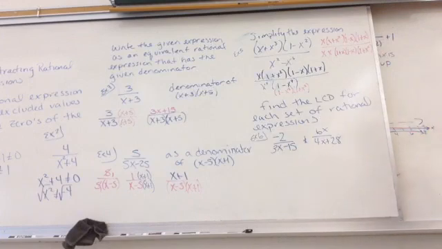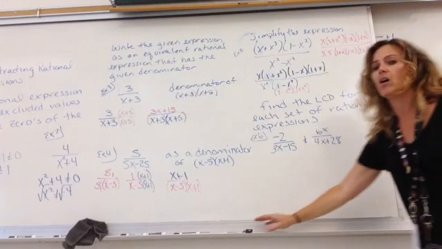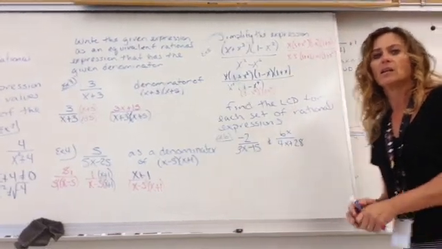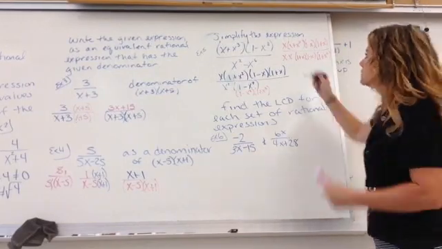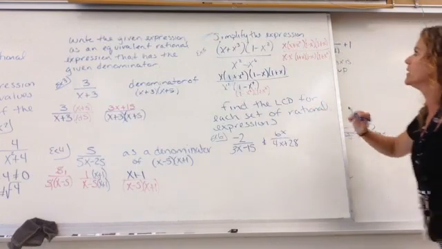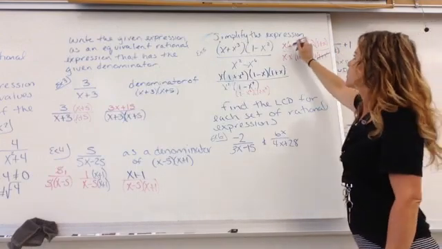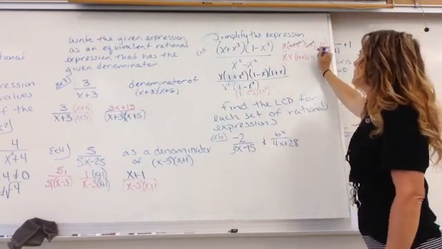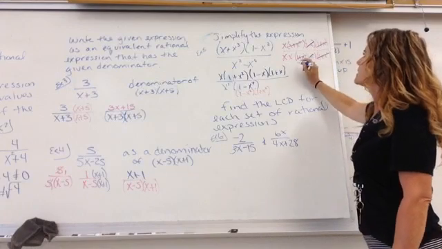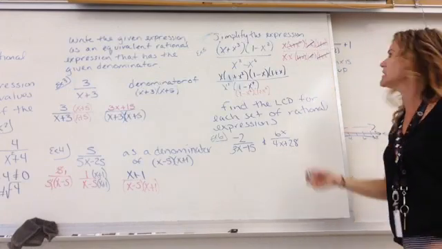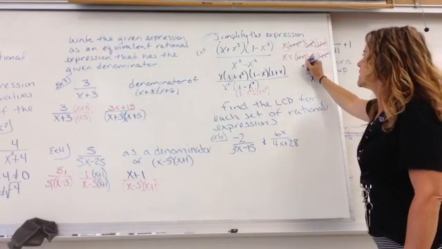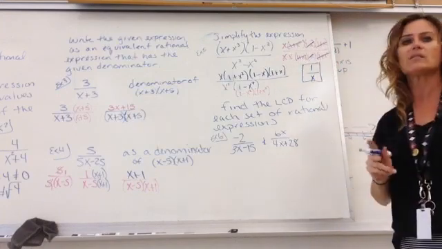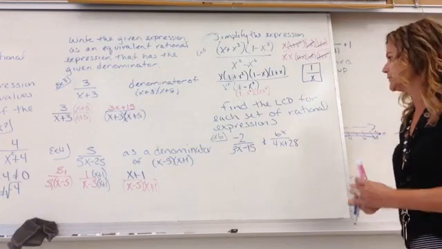Now, the fun part is we get to cancel out all the common things that are being multiplied. So this x can cancel with one of those. I have a 1 plus x squared here and here. I have a 1 minus x. I have a 1 plus x. Everything on the top canceled, which means the numerator now becomes 1. The only thing I have left in the denominator is x. So there is the simplified version.